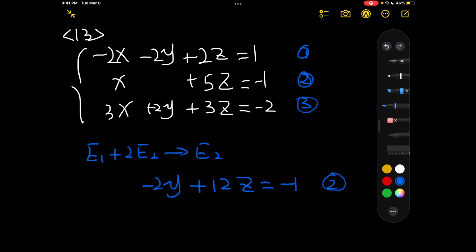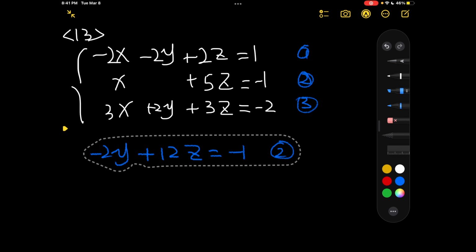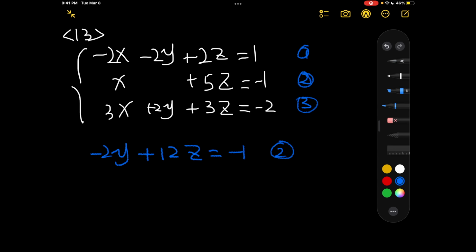We have the new equation 2. And we try to eliminate with equation 3. We try to eliminate x first. So we can do e1 plus e3, right? Or we can eliminate y. So e1 plus e3.